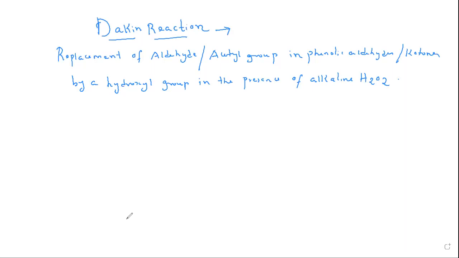So if you want to see the general reaction of this, I'm drawing the structure of salicylaldehyde. So this is salicylaldehyde. This salicylaldehyde is having this aldehyde functional group, right?